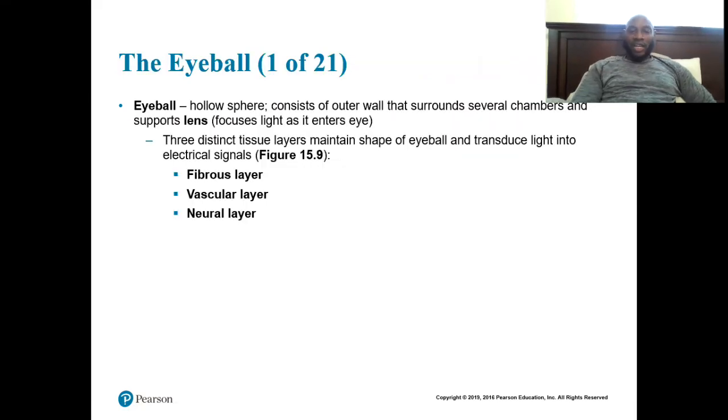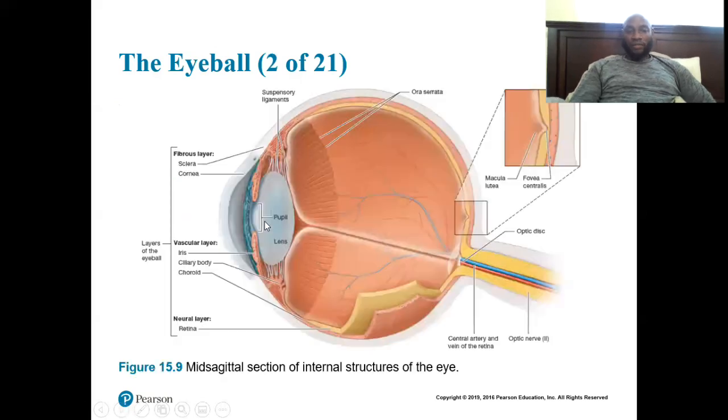All right, let's get into the eyeball. This is where things get a little complicated. The eyeball is a hollow sphere that consists of an outer wall surrounding several chambers, supports the lens, and focuses light as it enters the eye. We have three distinct layers: the fibrous layer, the vascular layer, and the neural layer.